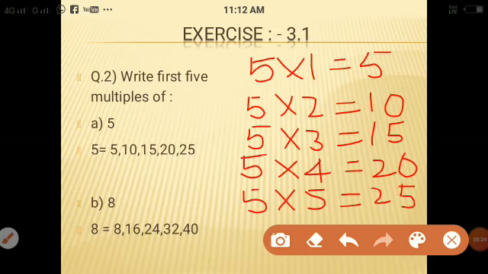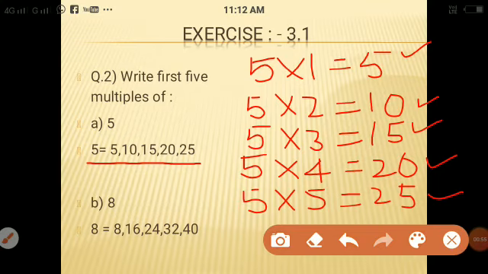Now these are the multiples of 5, that means 5, 10, 15, 20 and 25. You can write directly as well as like this.